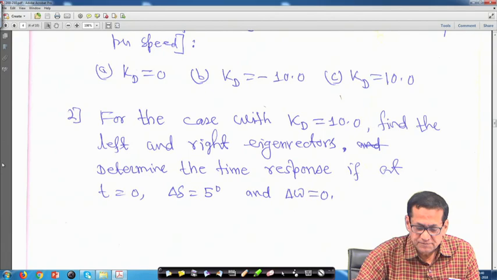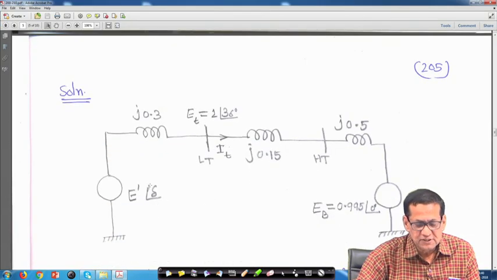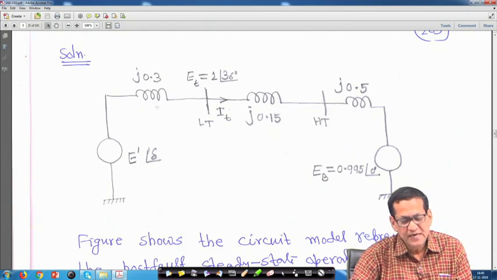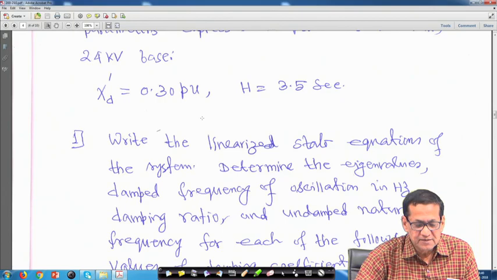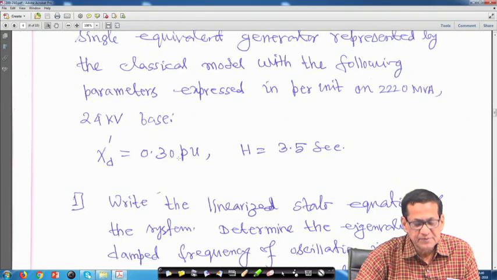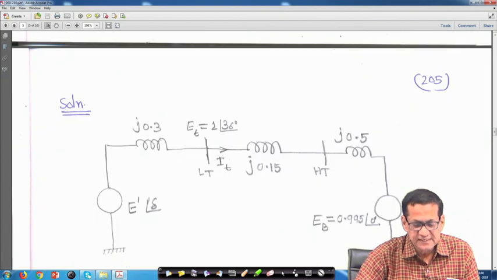So, let us see the equivalent circuit. Now, the solution. These parameters are given: x d dash was given 0.3 per unit. So, this is your x d dash, j 0.3.